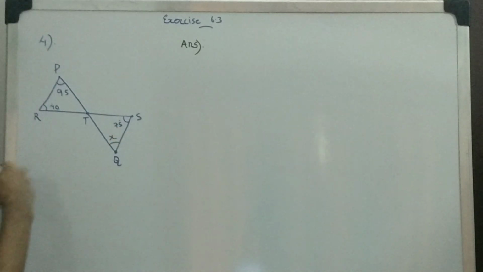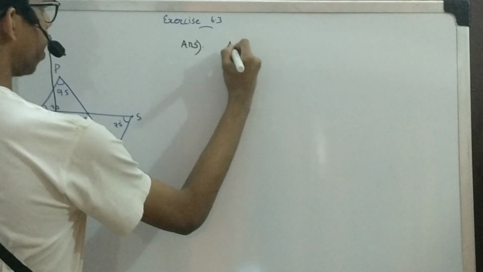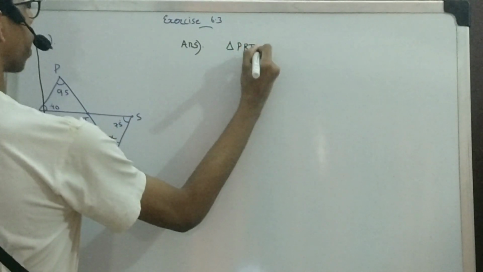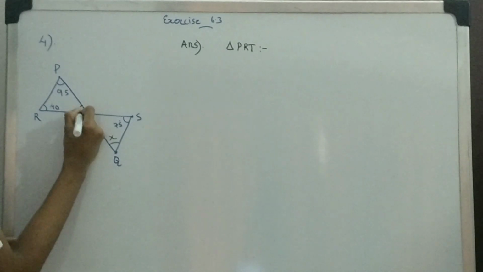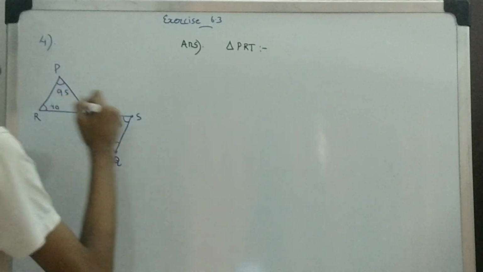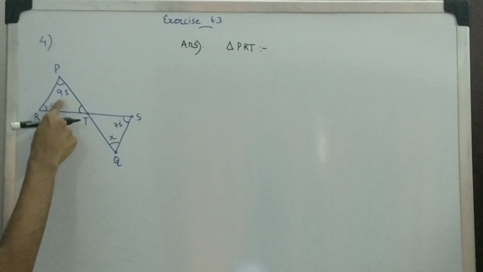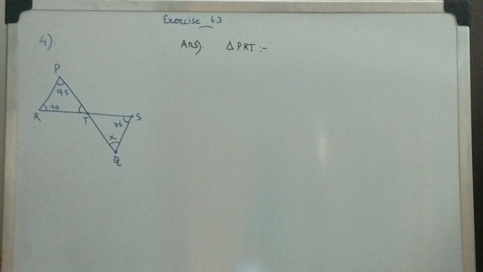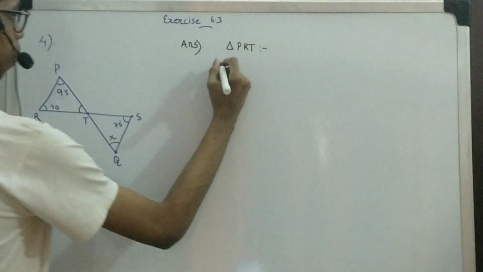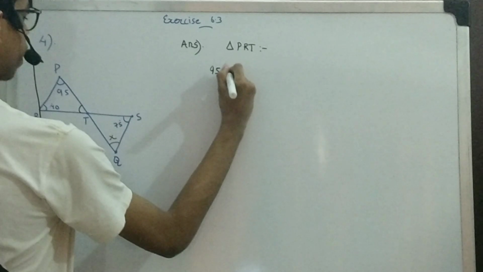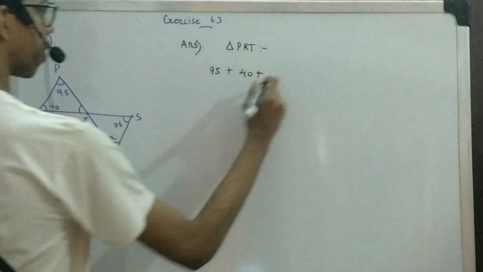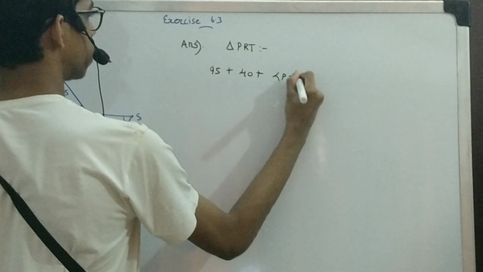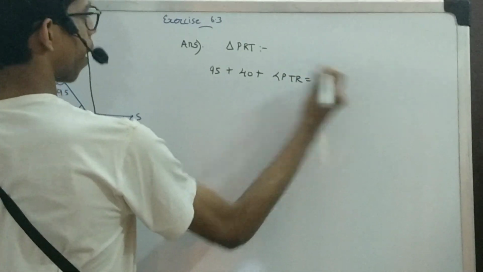So first of all, we have to consider this triangle PRT. Okay, first of all consider triangle PRT. So if you see over here, can we find this angle over here? That is angle PTR, isn't it? Yes, by the angle sum property of triangle. So from here I can write 95 plus 40 plus this angle PTR is equal to 180 degree.